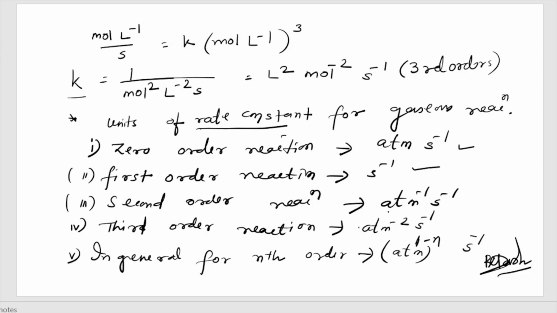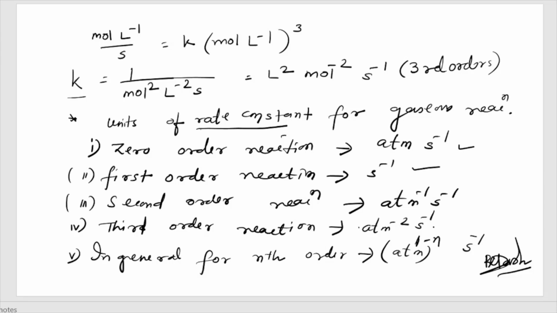Third order, similarly ATM minus 2, S minus 1, and then what is the nth order? Remember, for third order it is minus 2, meaning 1 less. Third order and it is minus 2. Similarly, for nth order, it should be 1 minus n, and second inverse.